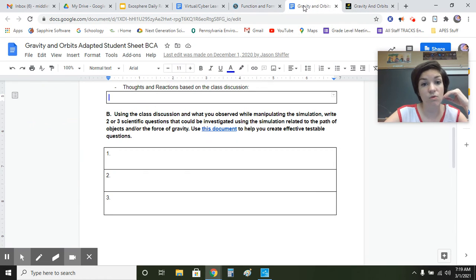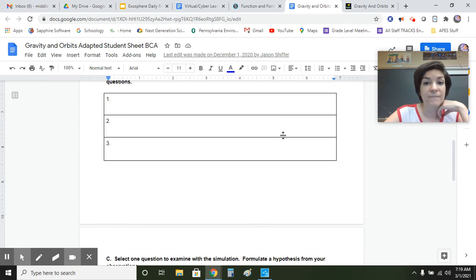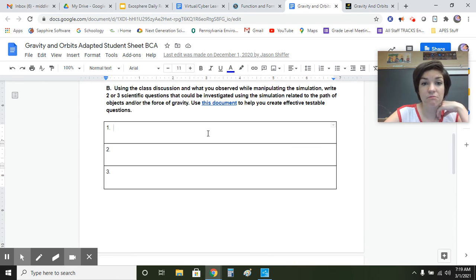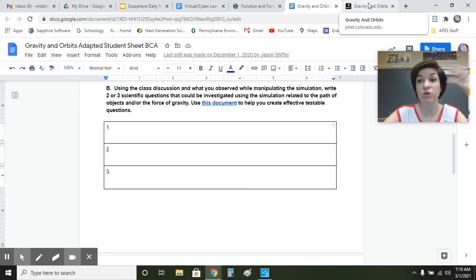You can do that, or using the class discussion and what you observed while manipulating the simulation, write 2 or 3 scientific questions that could be investigated using the simulation related to the path of the objects and or the force of gravity. So remember, a testable question means that I can actually go in here and do something about it.